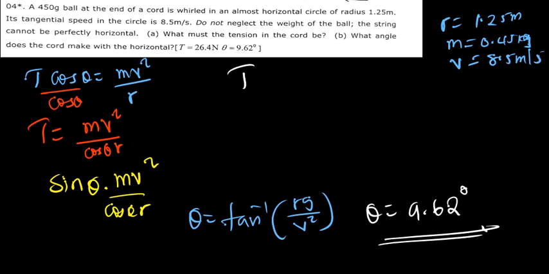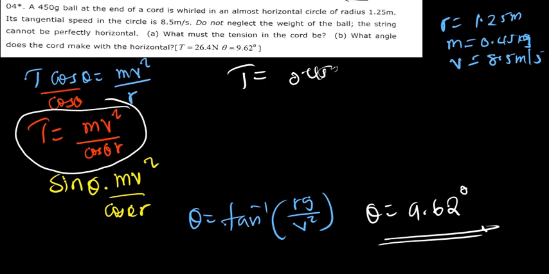So T is equal to the mass, I'm going to plug in here because I want to find T. The mass is 0.45 times the v, which is 8.5 squared, divided by 1.25.